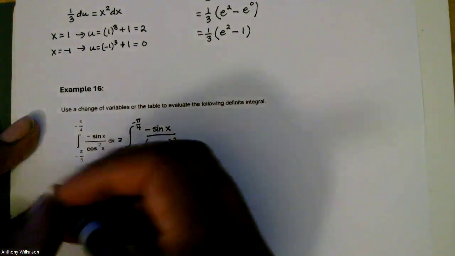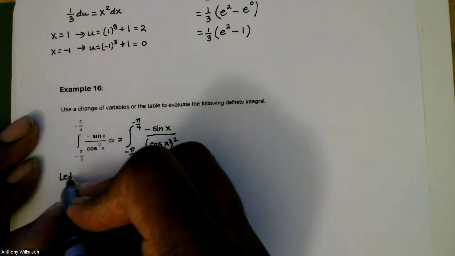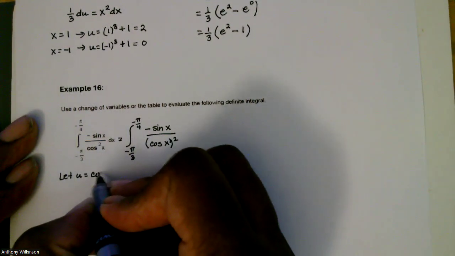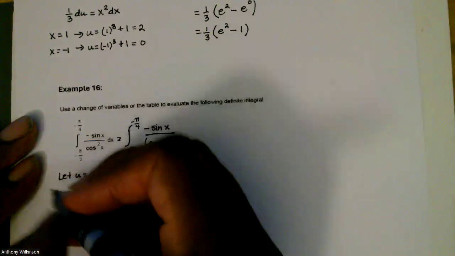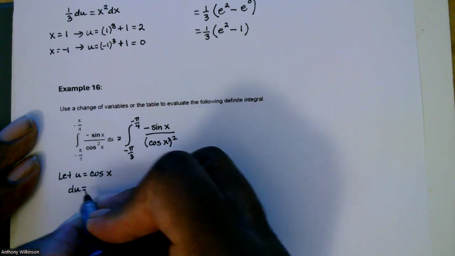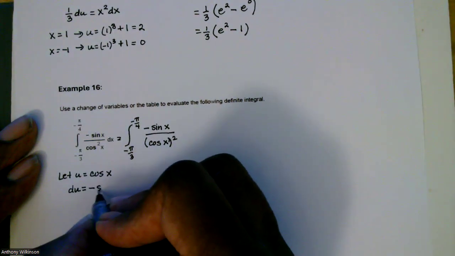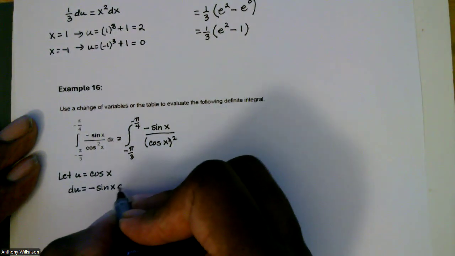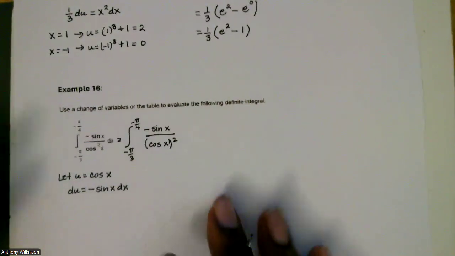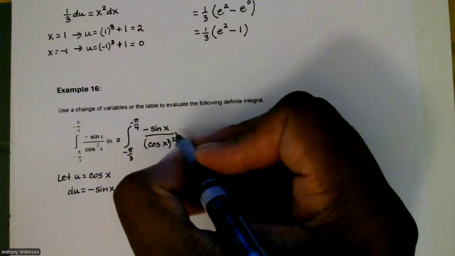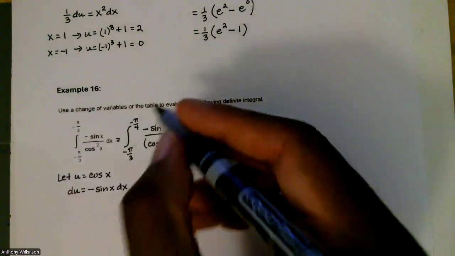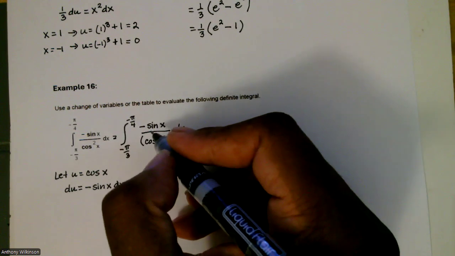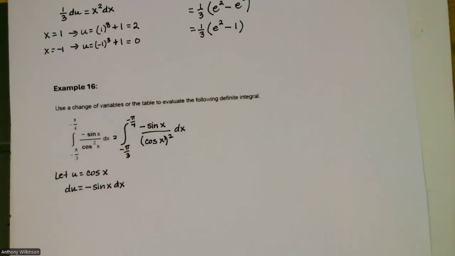So you can see here, I can let u equal the cosine of x. And then du, the derivative of the cosine of x, would be negative sine x dx, which is exactly what I have here. And I forgot to put dx in. Let me put that there. So that's exactly what I have here, negative sine x dx.